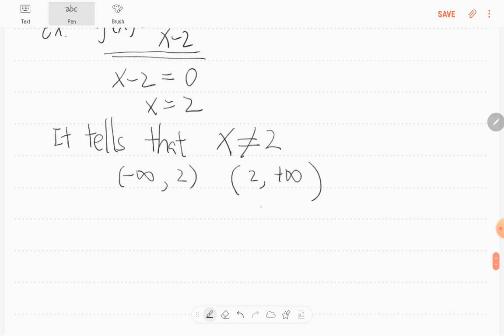These two intervals, we connect together using this symbol, which is called union. So that means x from negative infinity to 2, or 2 to positive infinity. Okay, so this represents x is not equal to 2: from negative infinity to 2, union from 2 to positive infinity.